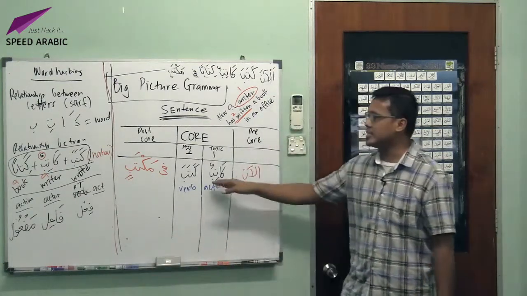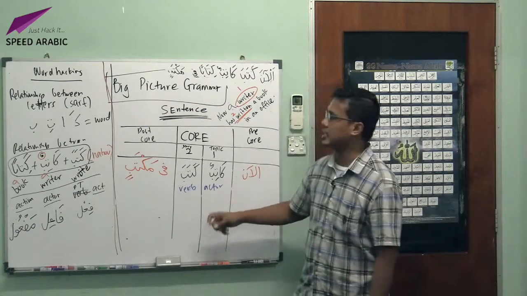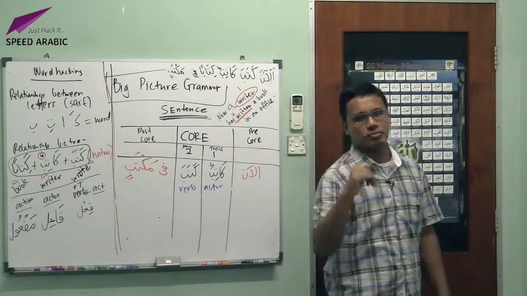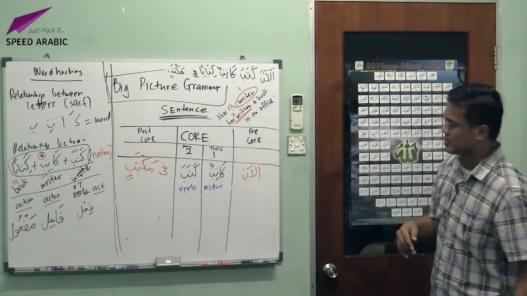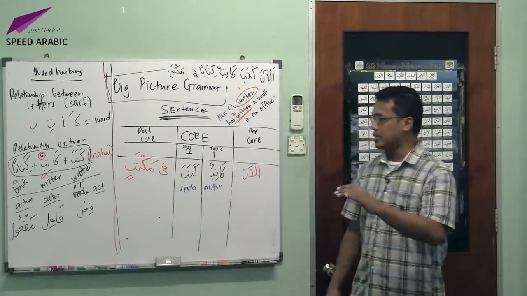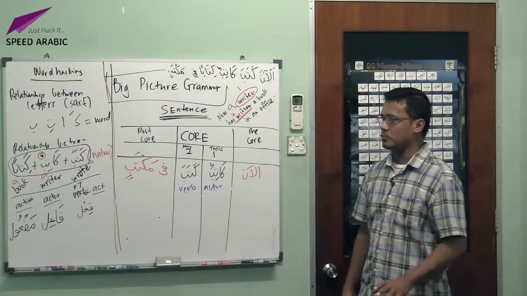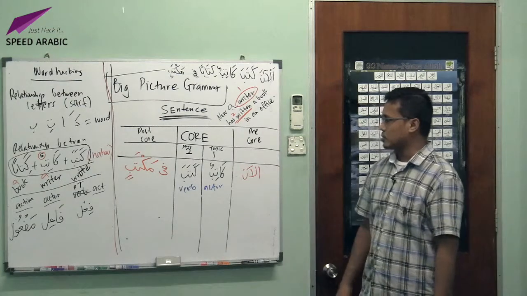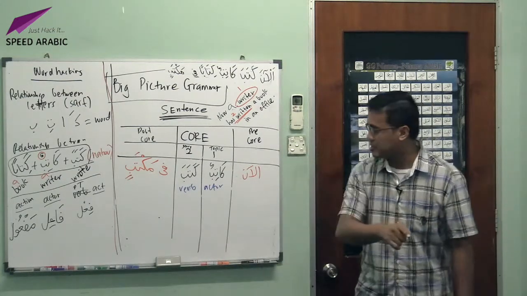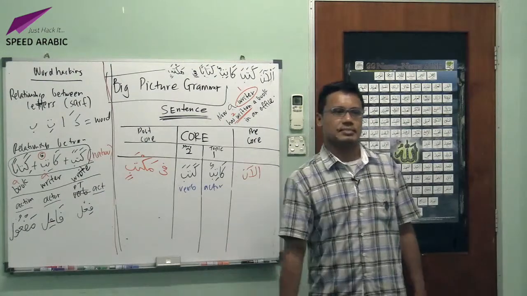Alright. That is when the sentence is verbal. This is a verbal sentence. We have a non-verbal sentence which we call a nominal sentence, which begins with a noun or pronoun. That one we will go into perhaps next week. So any sentence will be like this.